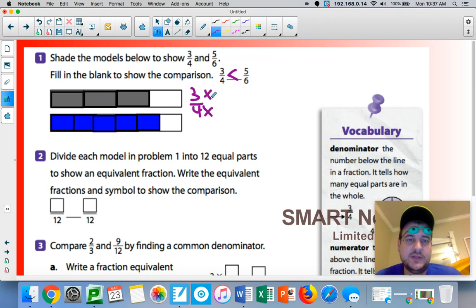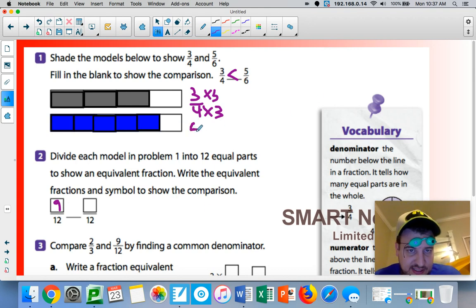And whatever you multiply the bottom by, you have to multiply the top. Well, I know that 3 times 4 gives me 12. So if I multiply the bottom times 3, that gives me 12. The top times 3, 3 times 3 is 9. 9/12.